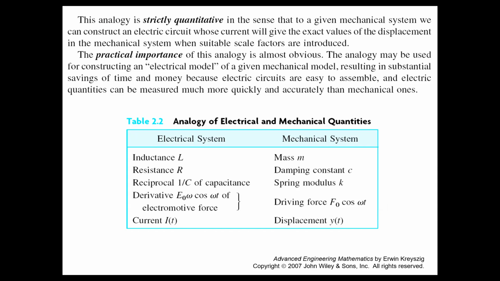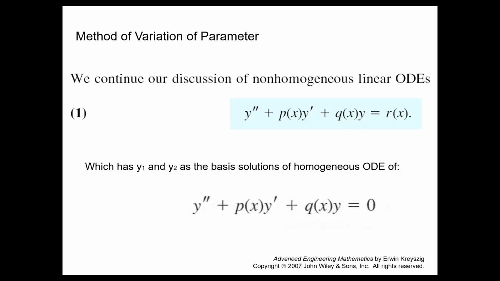Okay, I think I still have about 10 minutes, so I'm going to go to the next examples for the method of variation of parameters. Our discussion in the previous section dealt with the method of undetermined coefficients, and that applies only if the r(x) form has a similar form on the table.